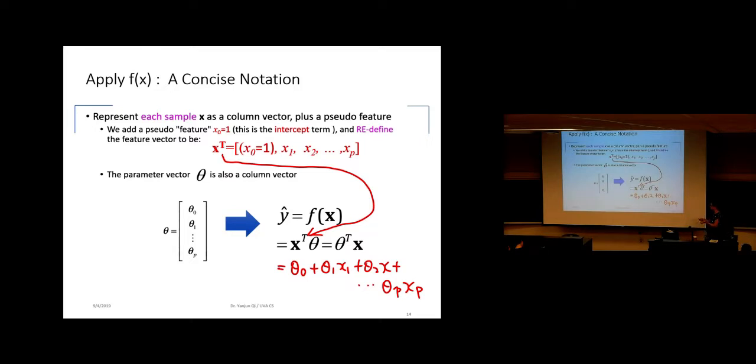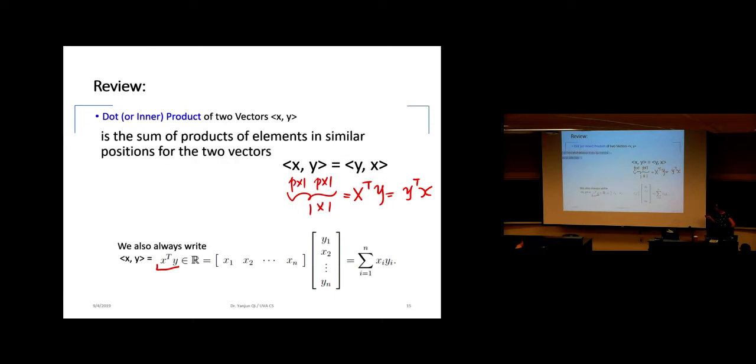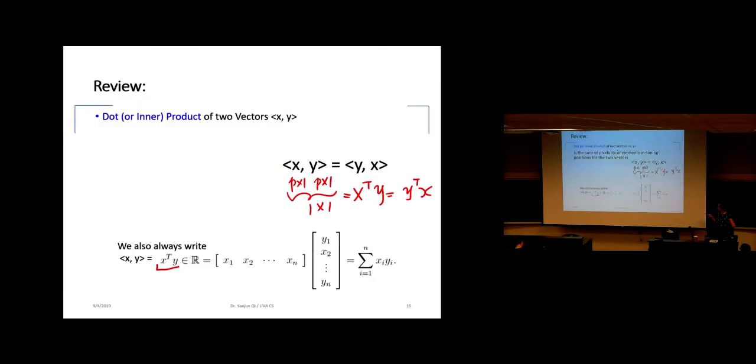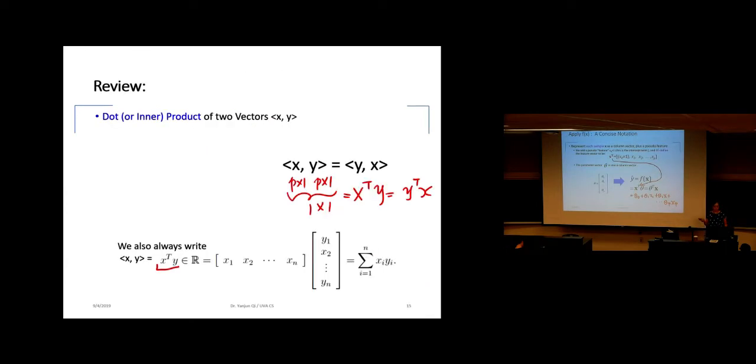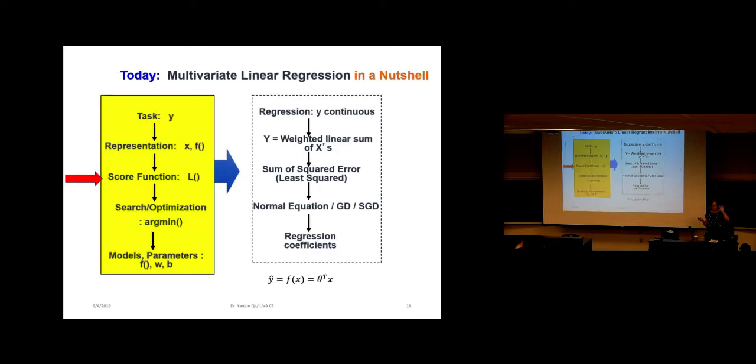This is not a good practice, and this is good practice. It's because of how the computer works. Questions? Okay, so we represent applying a function on a sample in vector form. Now we know the representation. We finished the third check mark from our nutshell.